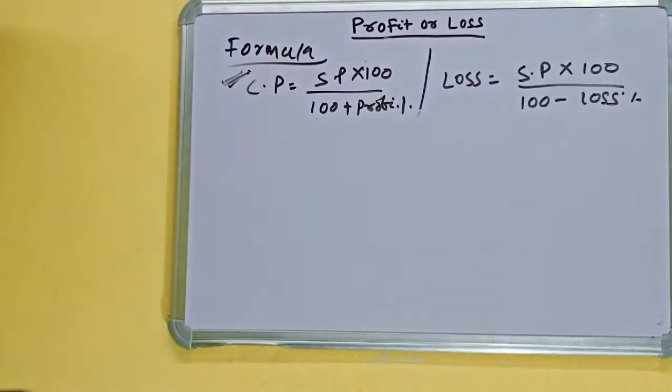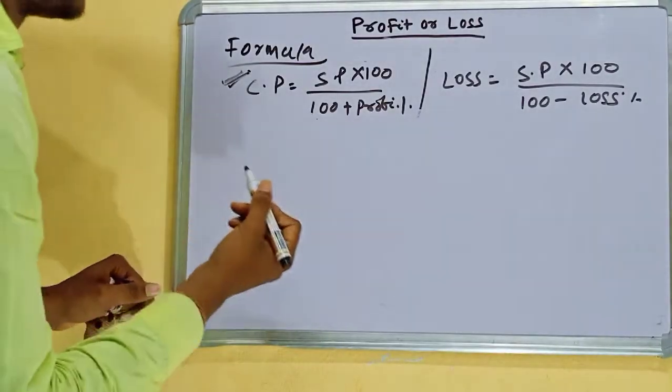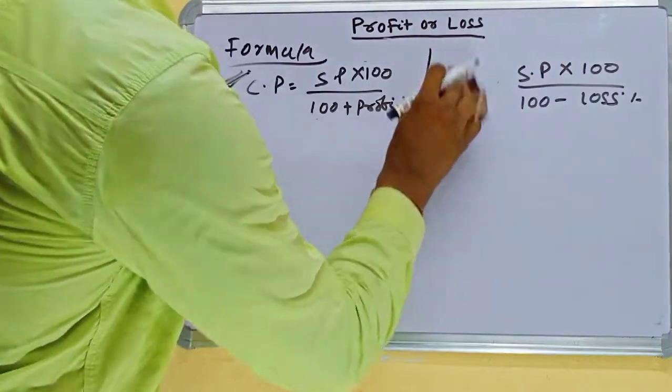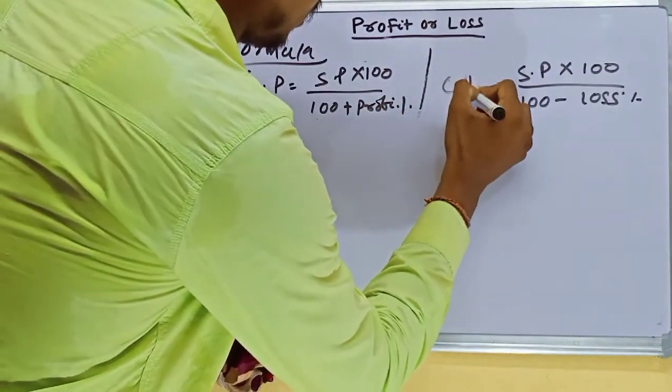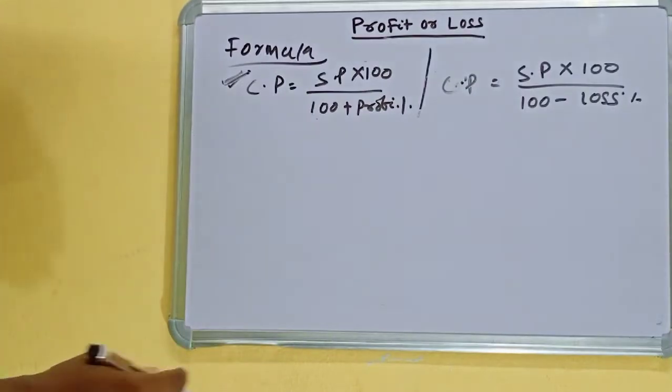Then in case of loss, how to calculate the CP?